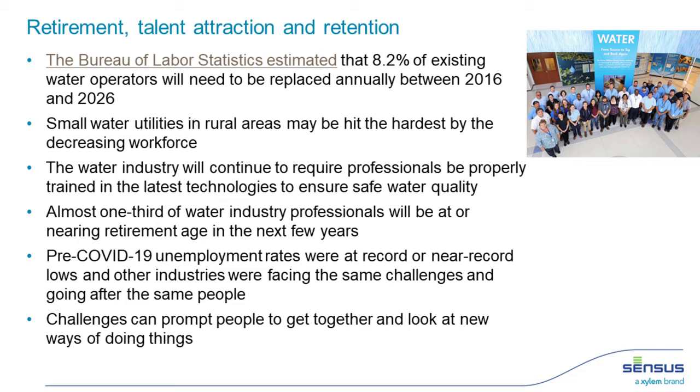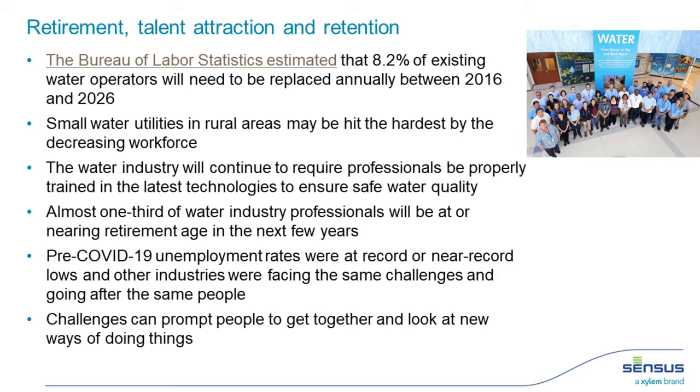And so the water industry is going to continue to require professionals to be properly trained in the latest technologies. As we progress as a utility or as an industry, it's requiring more education, more certification, and in a lot of areas they're requiring a degree to work in the utility or the wastewater.